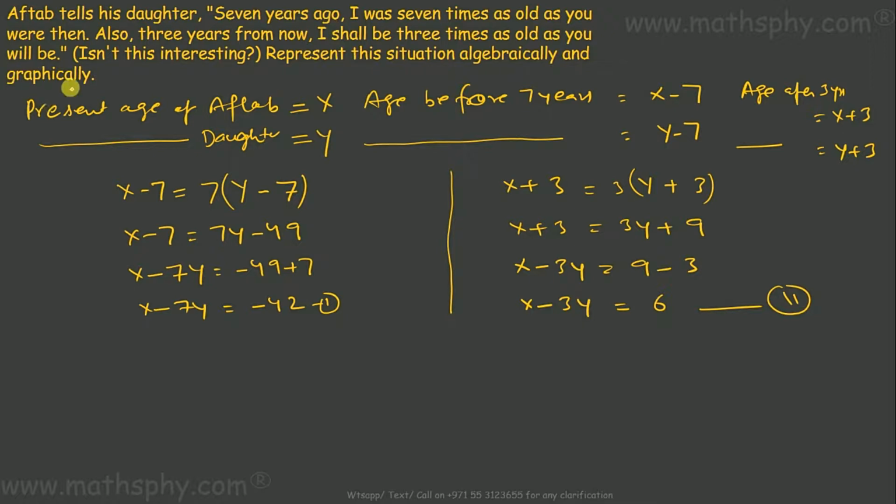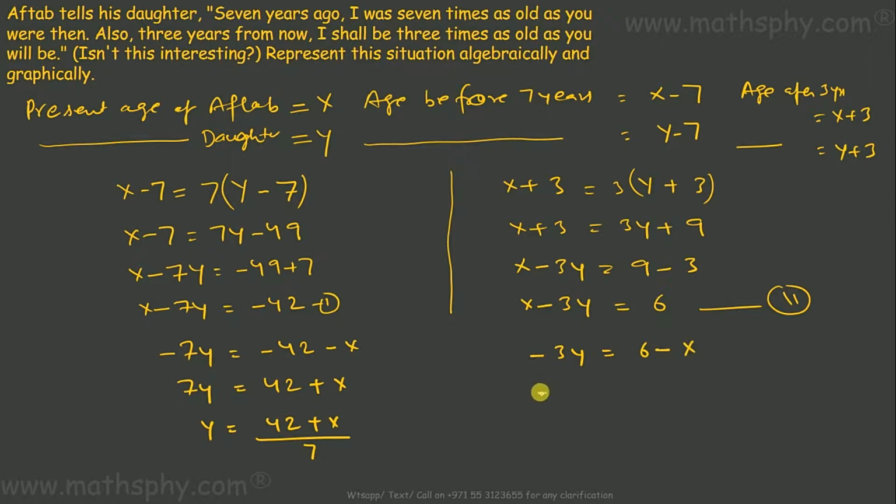Now I have to put this into graph. Let's put this into this format. Minus 7y equals to minus 42 minus x. So 7y would be, I take negative as common, so this would be 42 plus x. So y would be 42 plus x over 7. This would be minus 3y equals to 6 minus x.